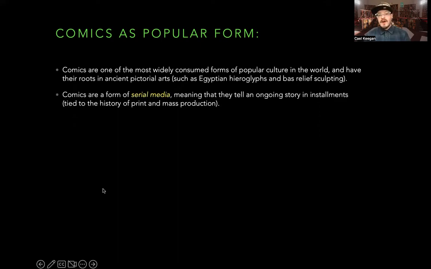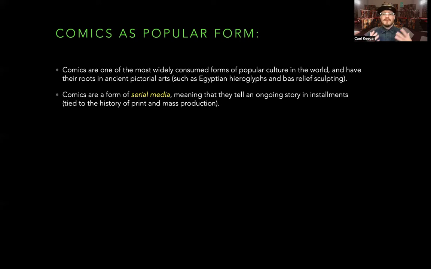One thing to note is that comics are a form of what we call serial media, meaning that they tell an ongoing story in installments. So this book is an omnibus collecting several issues of Bitch Planet together, right? And so it would come out in little instances and you would collect them and read them one by one. So comics are ongoing this way. They go on sometimes for decades in print runs, changing authorship, changing art style, but keeping the same characters and storylines going.